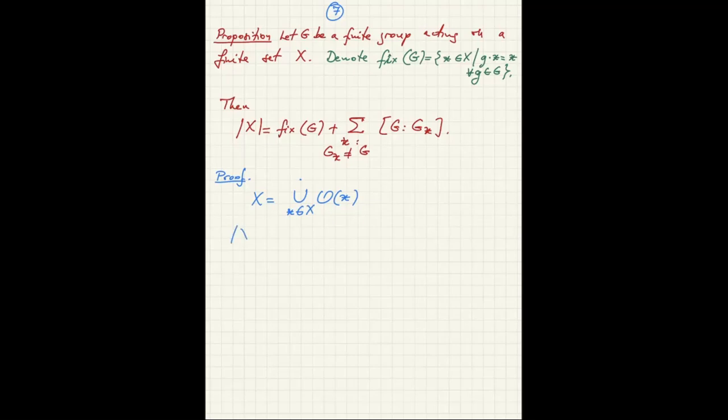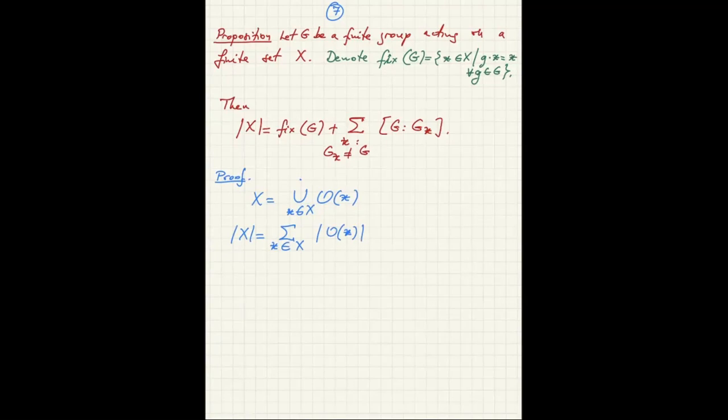So the cardinality of X, because this is a partition, will be a summation over all x in X of the cardinality of the orbits of x. Now, when we sum up these orbits of x, we have two situations. Some orbits will have cardinality 1, and the rest will have cardinality not equal to 1.